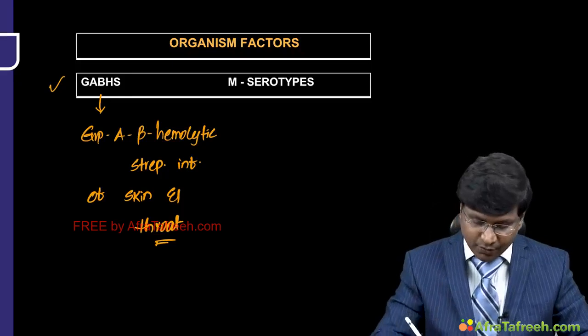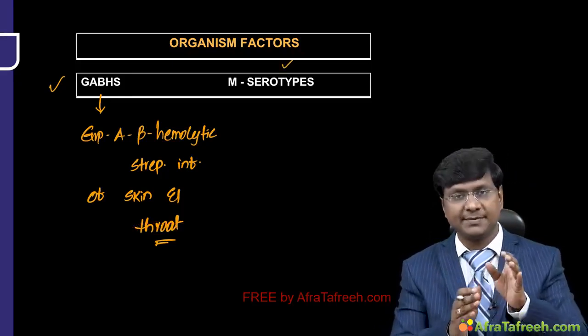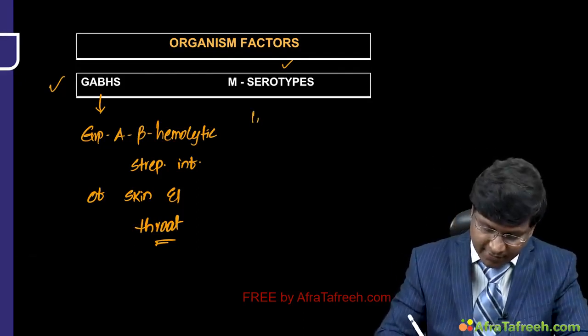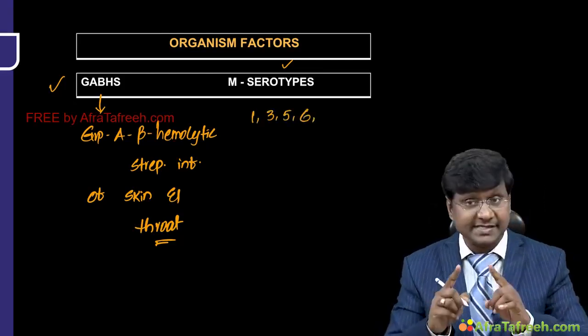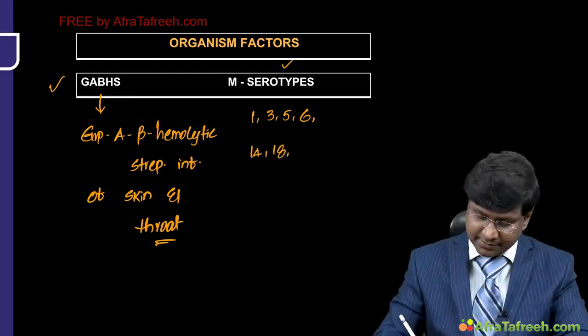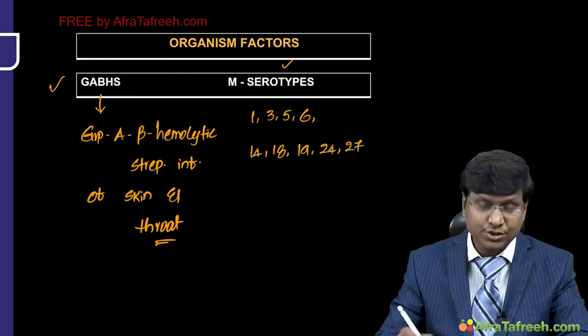Now, which particular serotypes of group A beta hemolytic streptococcus are responsible for acute rheumatic fever? It is serotype 1, 3, 5, 6, followed by 14, then 18, 19, 24 and then 27.